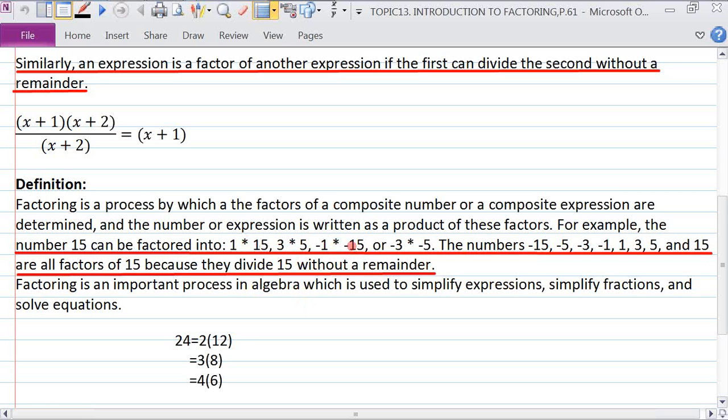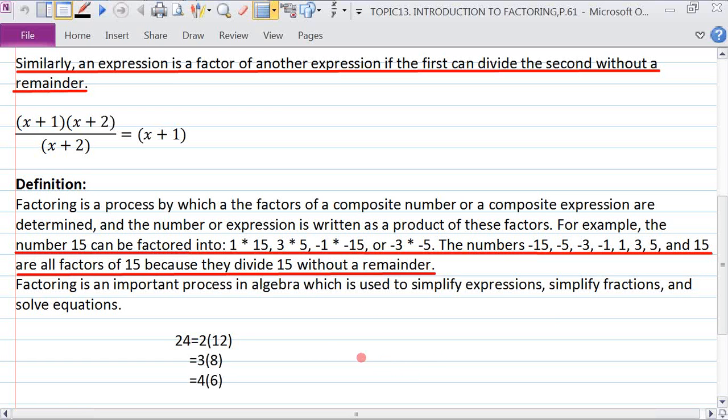Minus 1 times minus 15 gives you plus 15. Minus 3 times minus 5 gives you plus 15. So the 4 negatives and the 4 positives, minus 15, minus 5, minus 3, minus 1, 1, 3, 5, and 15, are all factors of 15 because they divide 15 without a remainder.